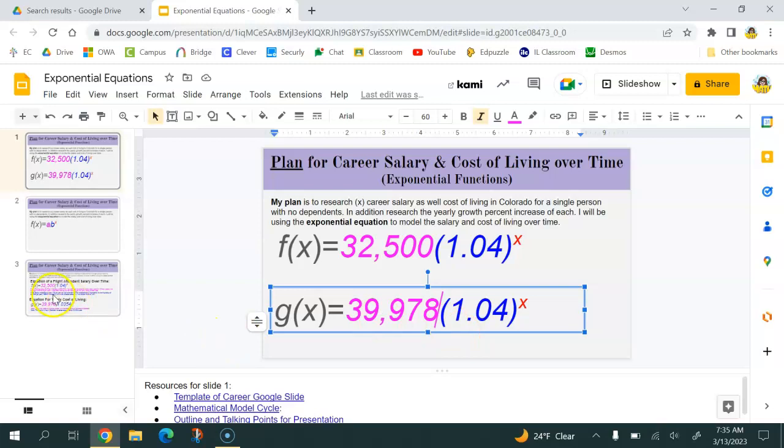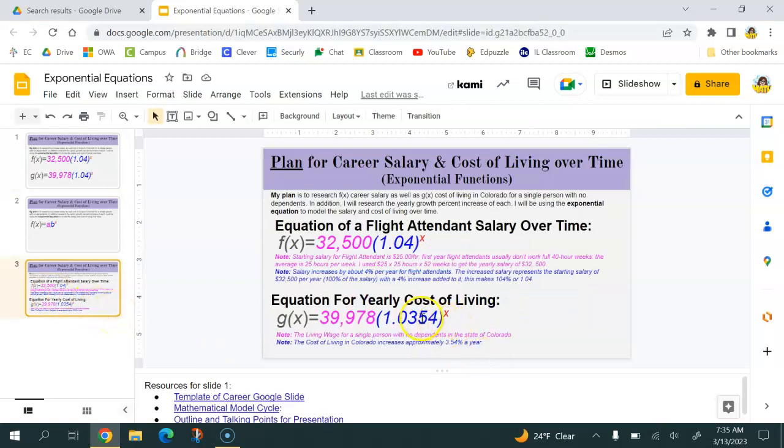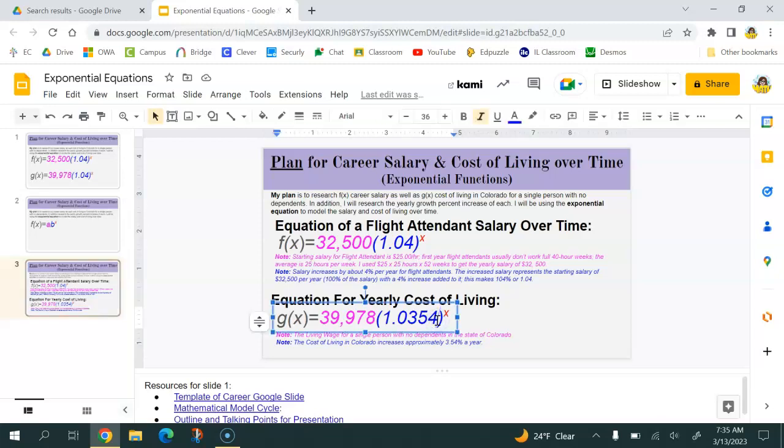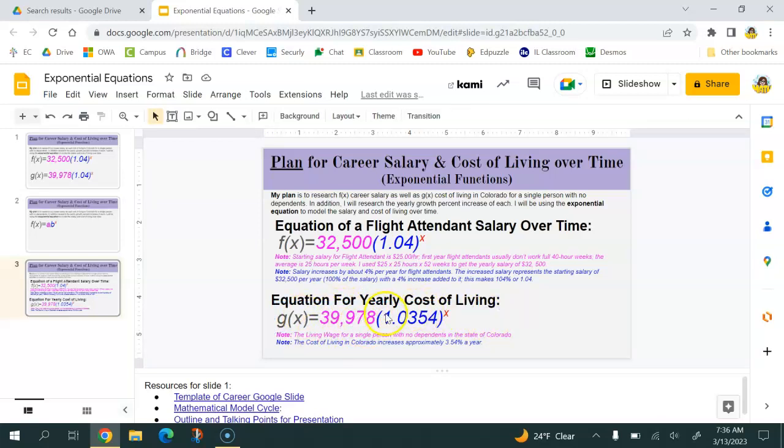The cost of living that I used was for 2021. 2022 is now on there, however, it's an 8%, which if you look at the last several years, is an anomaly for sure. You could take an average of the previous years, because the 8% is an anomaly, and hopefully it will go down. So I used the 3.54%. Same thing though: the cost of living is going to be 100% of this year's cost of living, and that's what that one is.